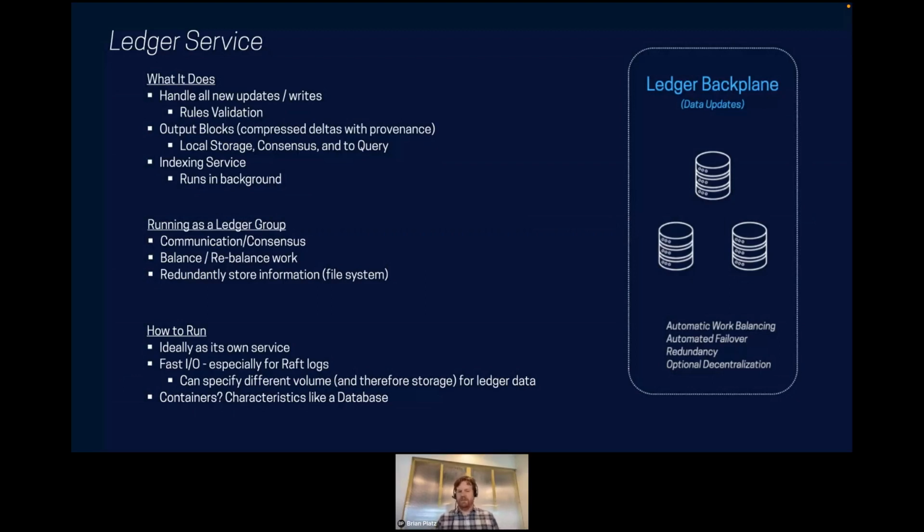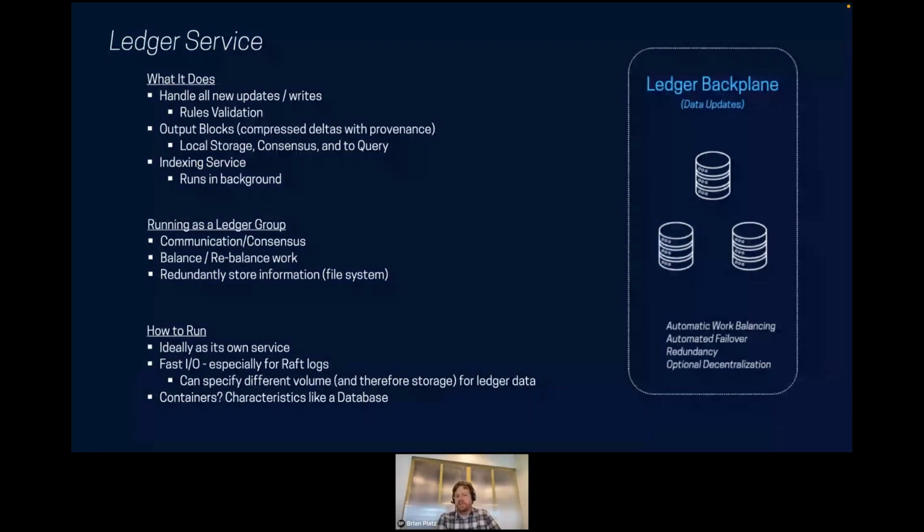If you choose to run them separately, then what you can also do is run what we call a ledger group. This is a set of coordinating ledger servers that communicate with each other and handle consensus work. They also do some other really interesting things, like they balance and rebalance work depending on whether servers are alive or down.